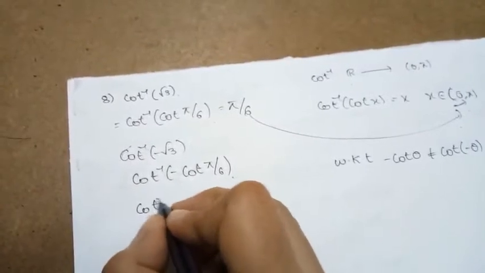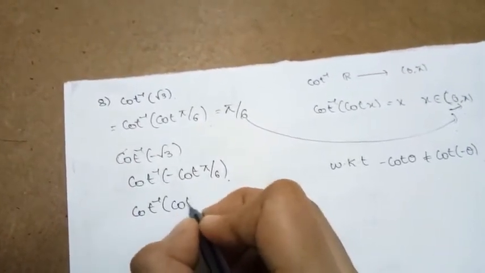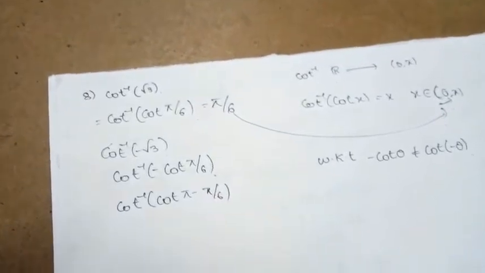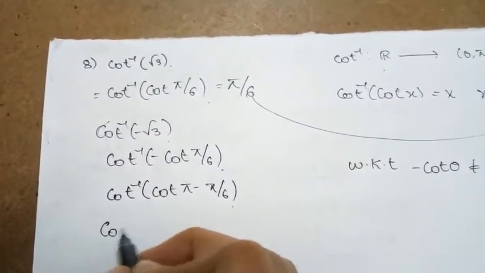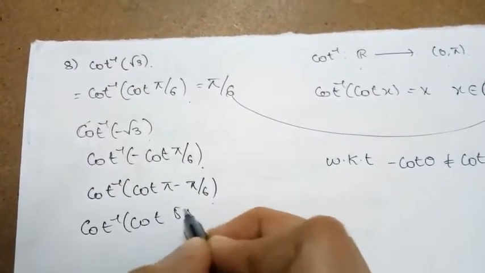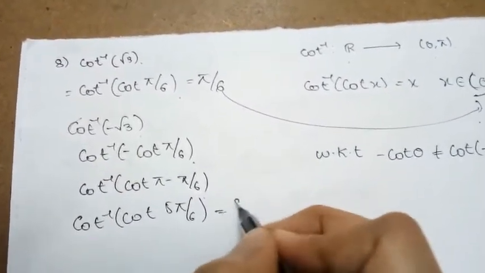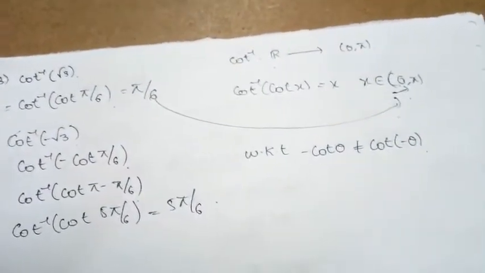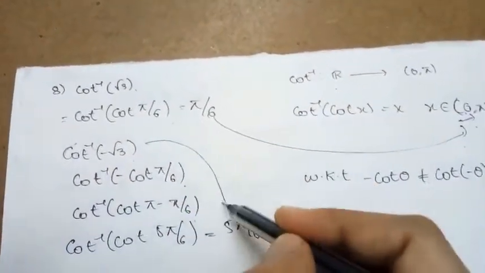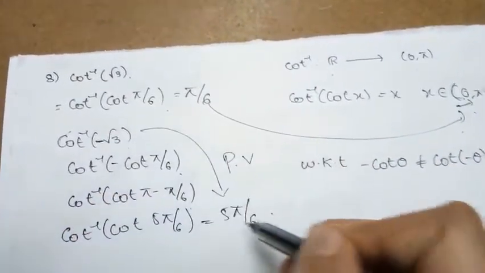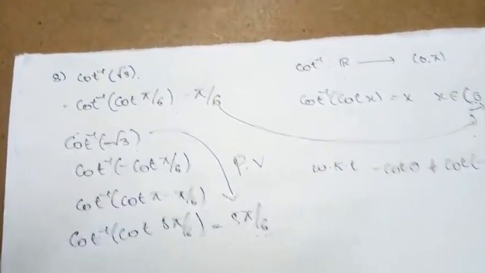I take it as cot of pi minus pi by 6. At that time this is cot inverse of cot 5 pi by 6. Clearly this is equal to 5 pi by 6, where 5 pi by 6 belongs to our principal value branch. Therefore the principal value of cot inverse of minus root 3 is 5 pi by 6.